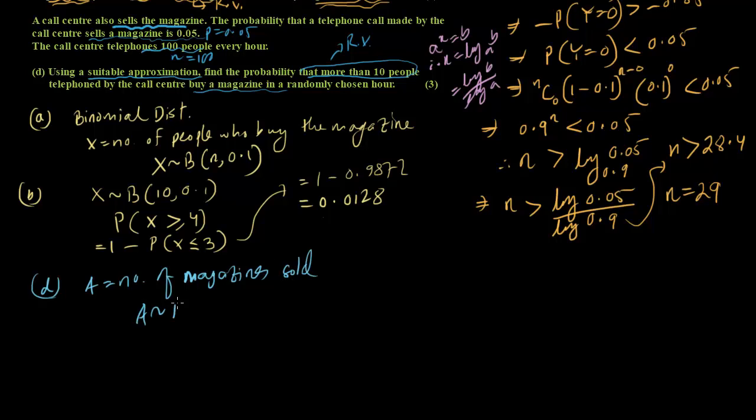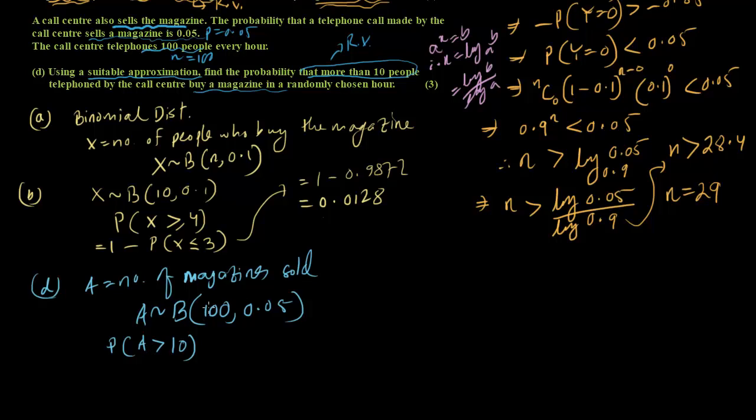So the distribution would be, we have 100, and the probability of selling the magazine is 0.05. And the random variable is more than 10. So probability of A greater than 10.